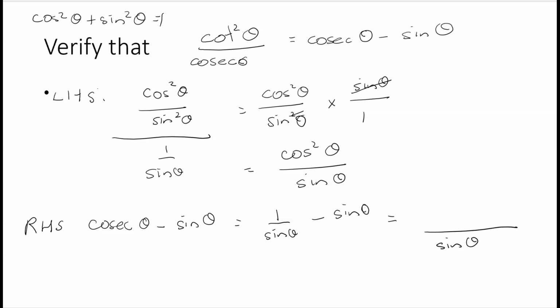So the 1 is just there. Sine theta is over 1, so we need to multiply it by sine theta, so we get 1 minus sine squared theta. And remembering, 1 minus sine squared theta is cos squared theta. We have what we were looking for, cos squared theta over sine squared theta. Therefore, we've done what we were trying to do.